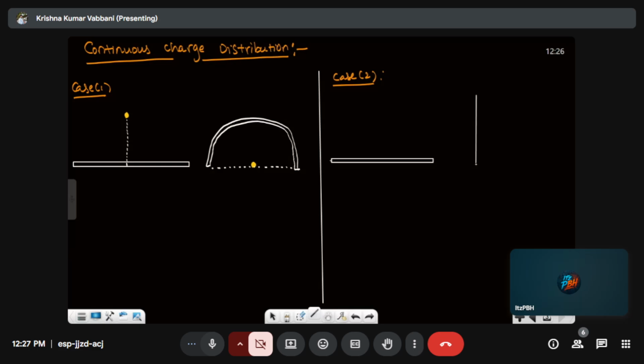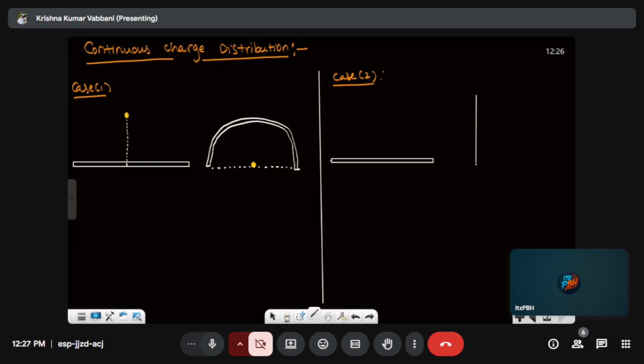In this case, please carefully observe. In the first case, I wanted to find the field at the center of the conductor. But here I wanted to find the force or field at the corner.